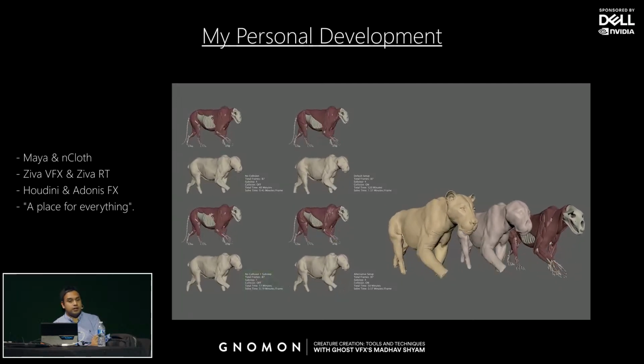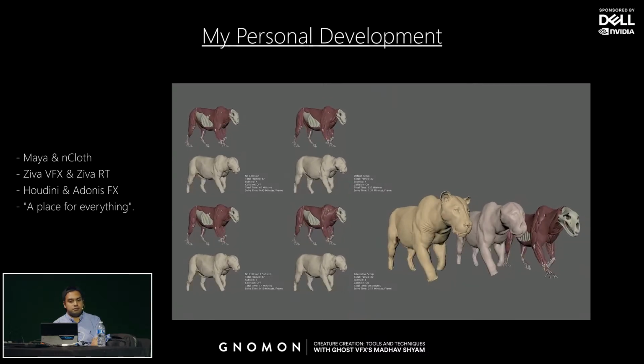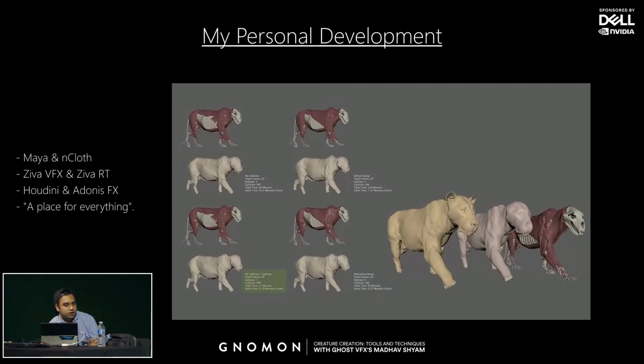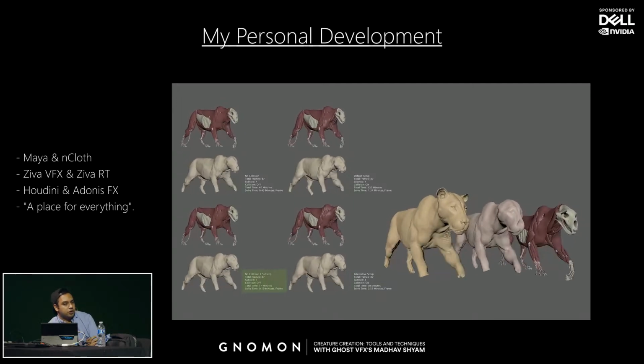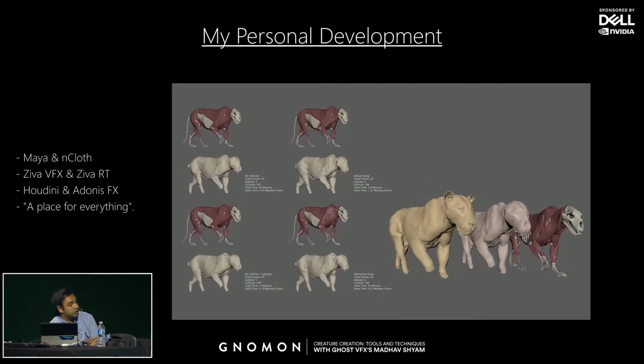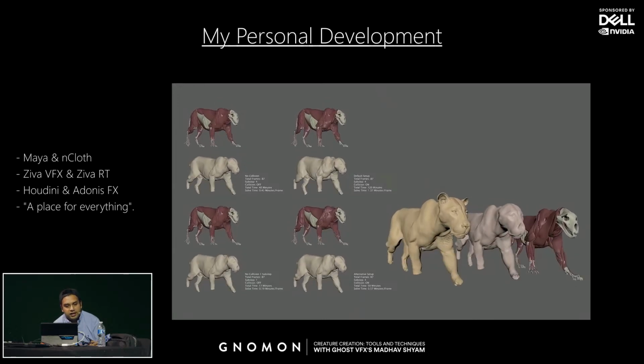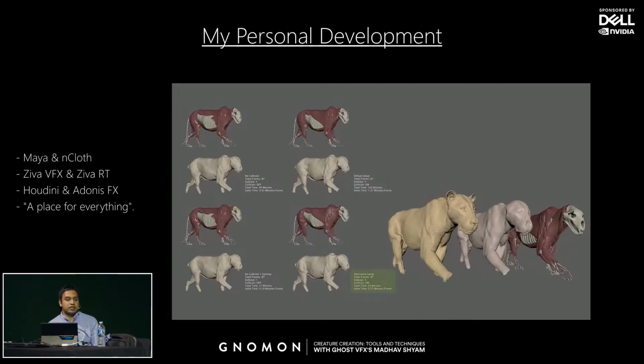And then the last 6-7 years, I've been investing a lot of time in Ziva and Ziva RT for the machine learning bit, and that's been very promising. But of course, that's not publicly available anymore, and the new stuff in town is Houdini and Adonis.